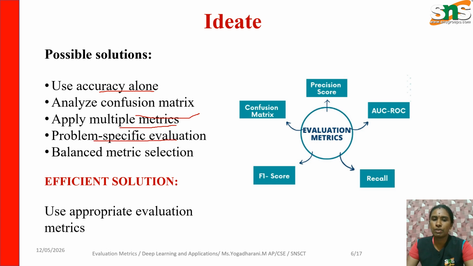Then there is problem specific evaluation, since different problems need different metrics. For example, in medical diagnosis recall may be used, and in email detection precision may be used. For a balanced task, accuracy is mainly used. The most efficient solution is to use appropriate evaluation metrics based on the problem.